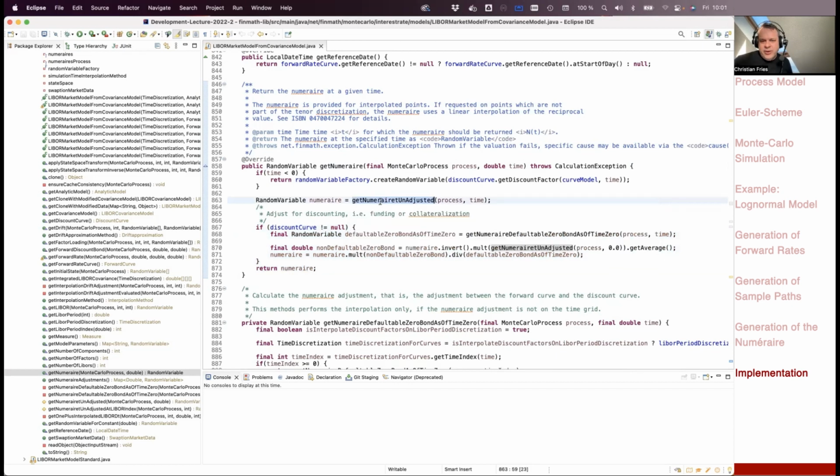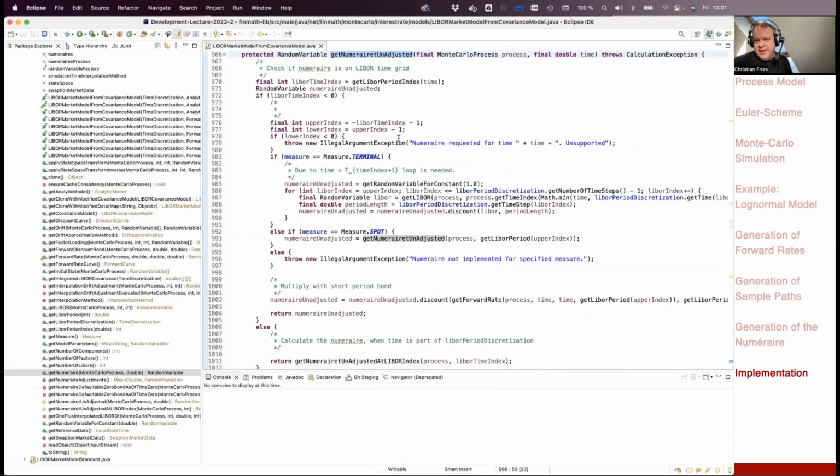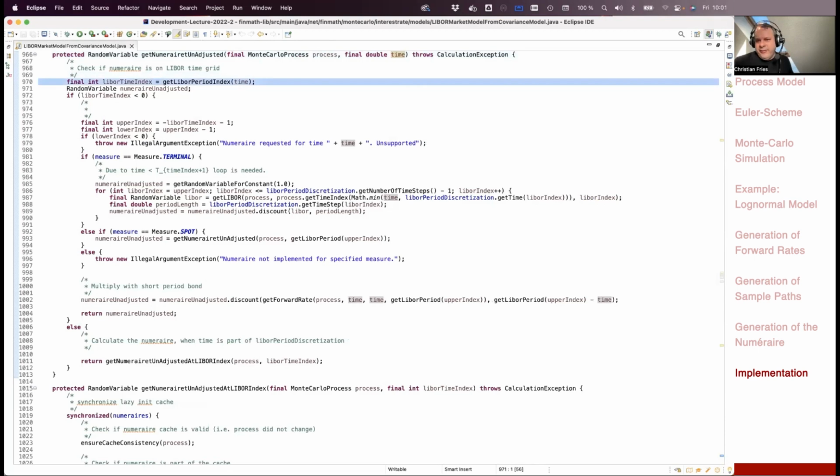If you move into this numeraire unadjusted, there will be another step of pre-processing, or say it's actually a post-processing. This numeraire can perform some kind of interpolation. So we check, is the time that we provide here actually on our forward rate discretization grid?